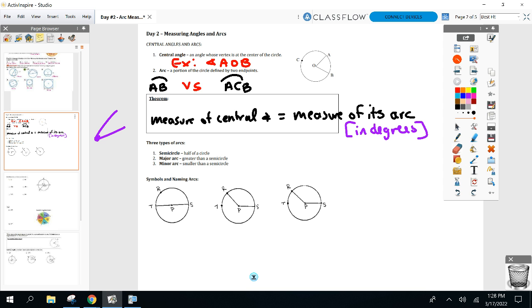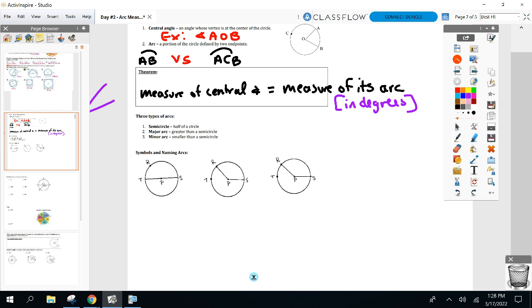All right, 3 special types of arcs I just want to briefly go over before we hit up some examples here. How many degrees in a circle again? 360. So I have this arc called a semicircle. So how many degrees do you think are in a semicircle? 180 degrees, yes. It's a half circle.